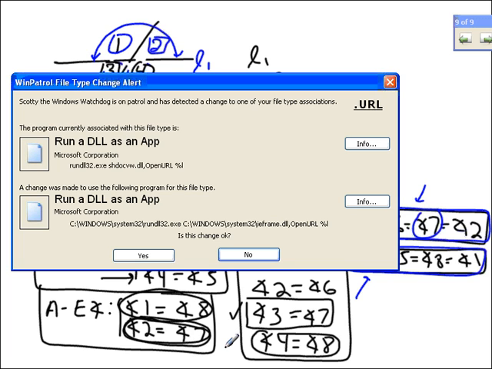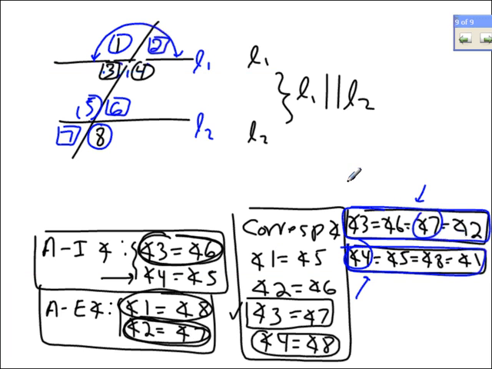Okay, angle 7 corresponds to angle 3. Since the lines are parallel, that means they're equal. Well, angle 3 plus angle 4 is 180 degrees. But angle 3 is the same as angle 7.